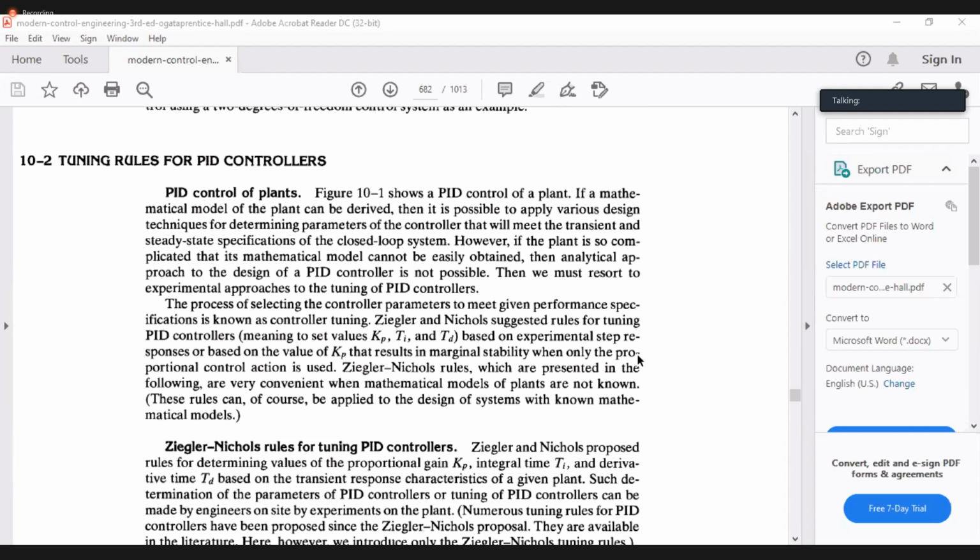Now, there are several methods of control, but the one that we are going to be focusing on is the most popular one that exists, and that is the Nichols-Ziegler rules. And like I said, they are empirically determined.